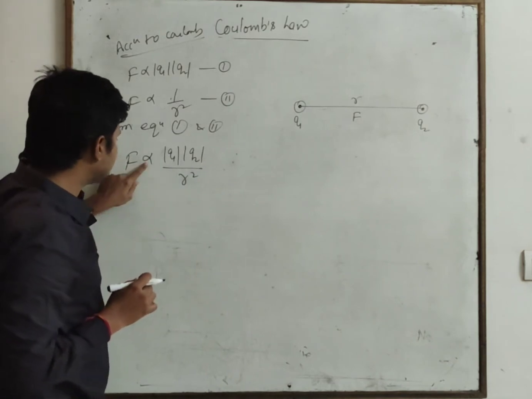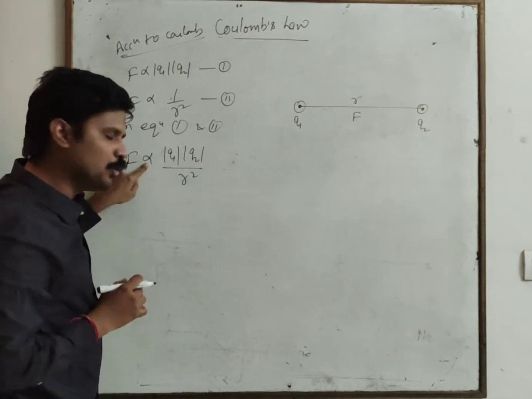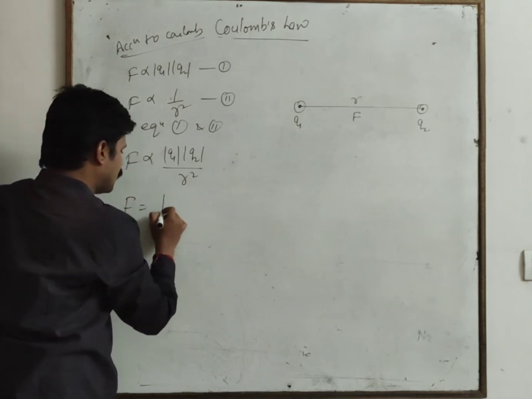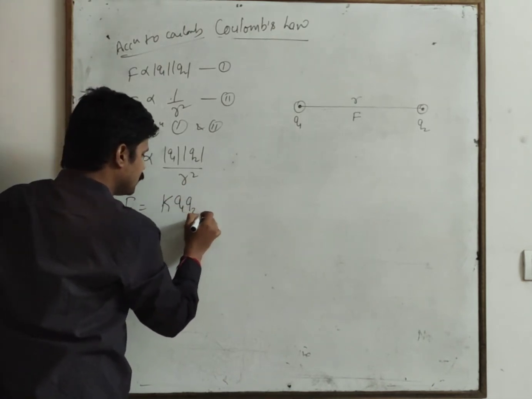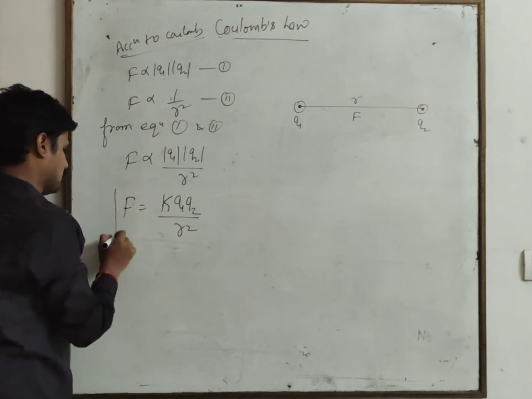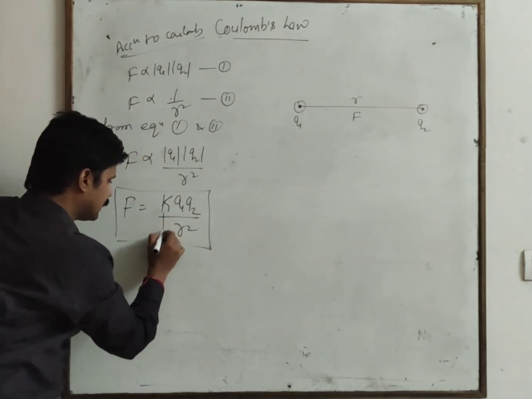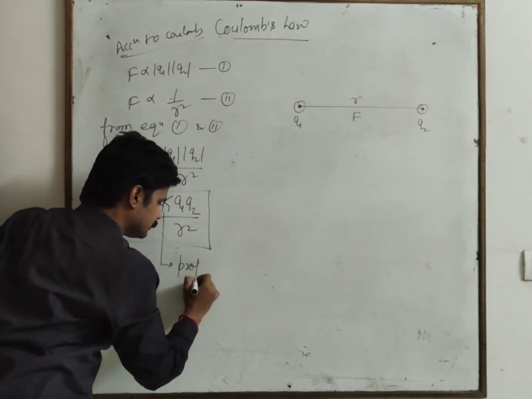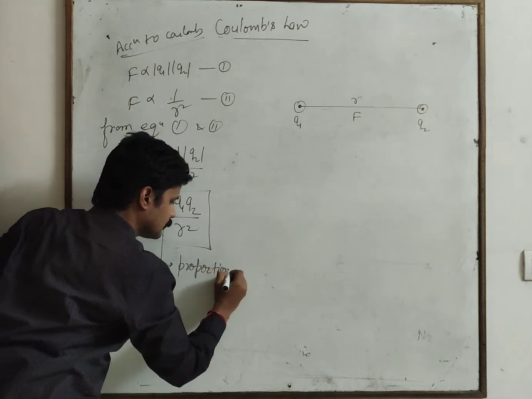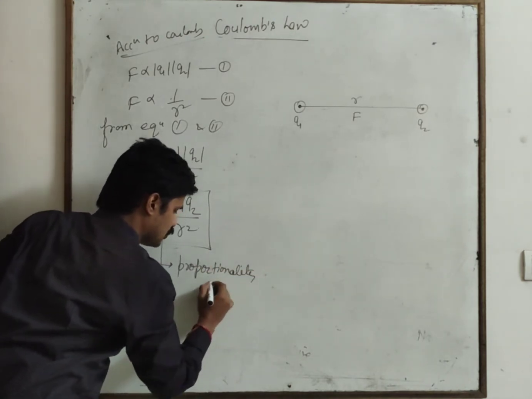Now we replace the proportionality with a constant K. Then F equals K Q1 Q2 upon r square, where K is the proportionality constant.